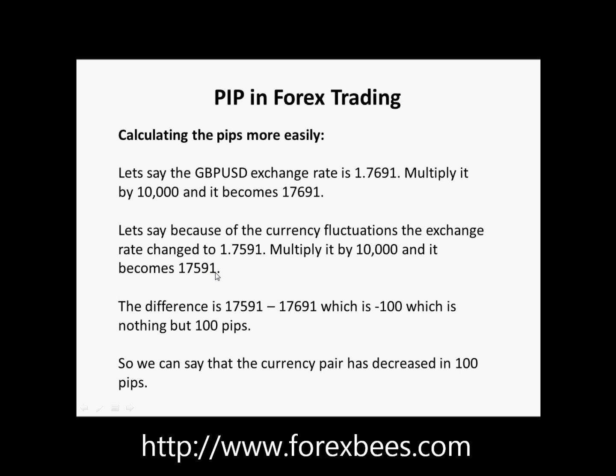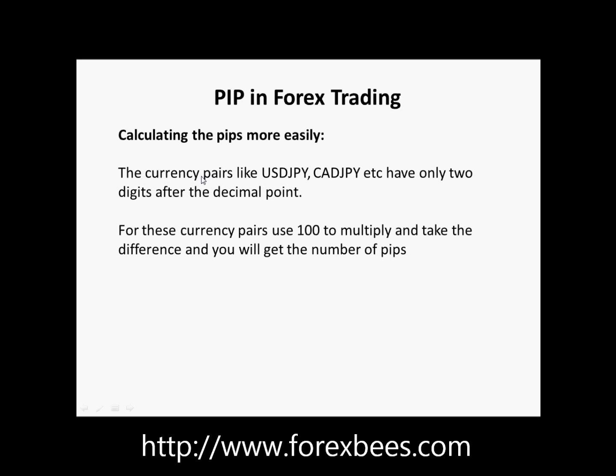The difference is minus 100, which is nothing but 100 pips. So we can say that the currency pair has decreased by 100 pips. The currency pairs like US dollar Japan yen, Canadian dollar Japan yen, etc. have only 2 digits after the decimal point. For these currency pairs, multiply by 100 and take the difference and you will get the number of pips.